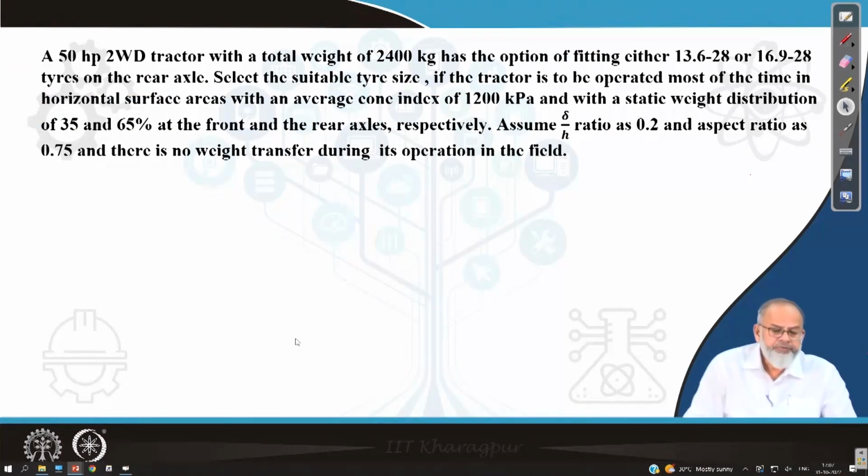The first problem is a 50 HP two-wheel drive tractor with a total weight of 2400 kg, which has the option of fitting either 13.6-28 or 16.9-28 tire on the rear axle.